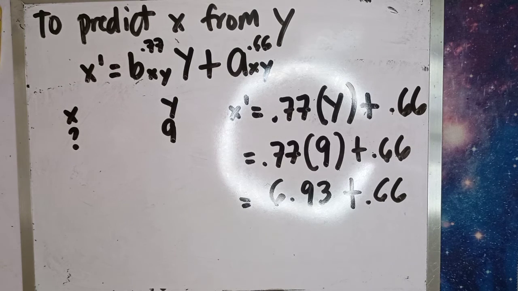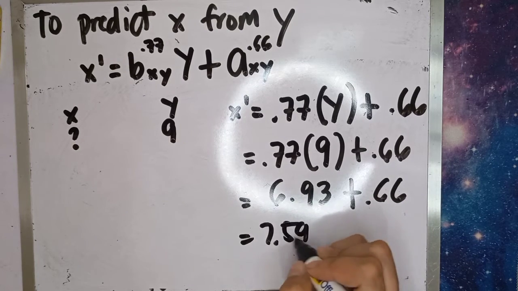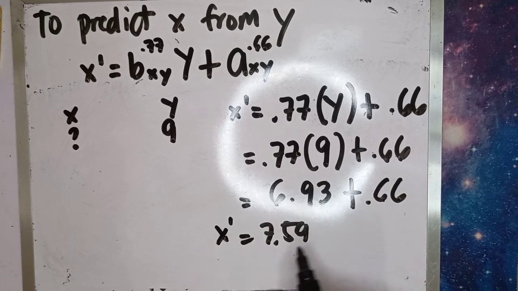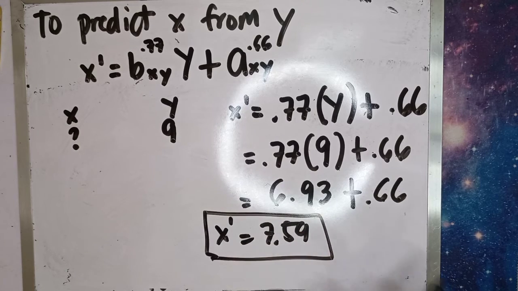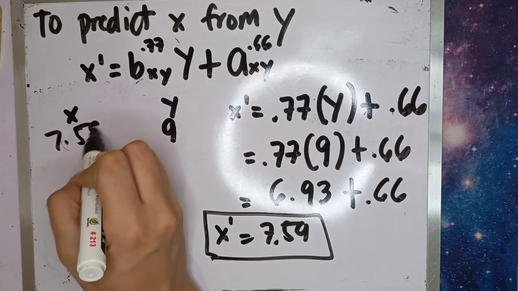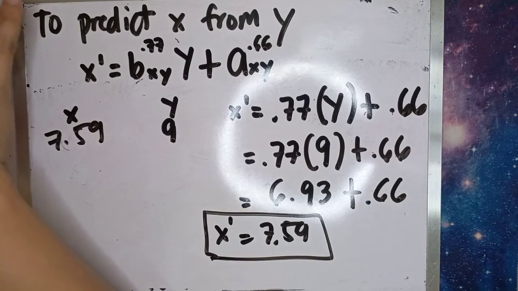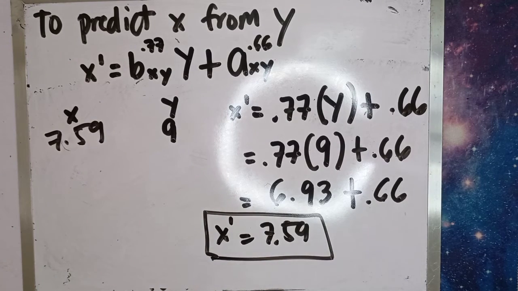Ang lalabas ay 7.59. Okay, so, ang magiging X natin, predict natin 7.59. So, that is how we get linear regression.